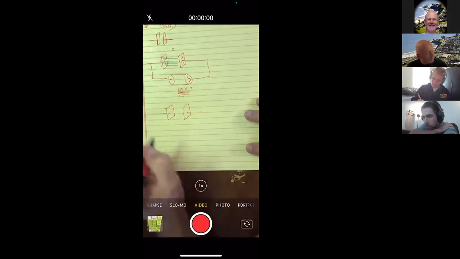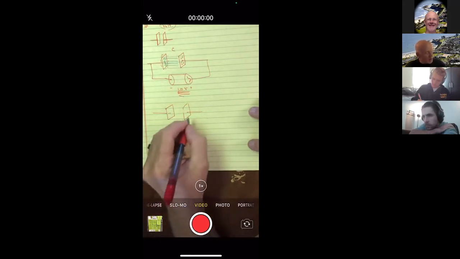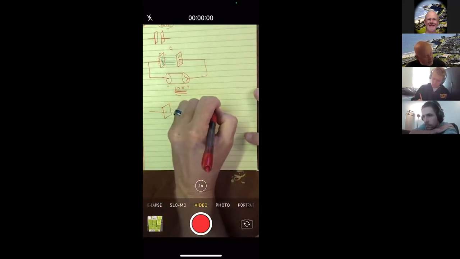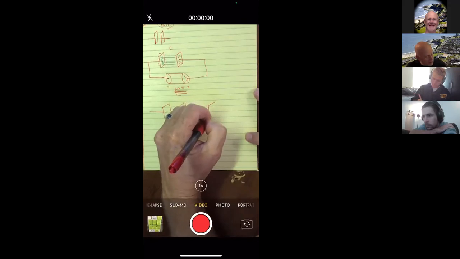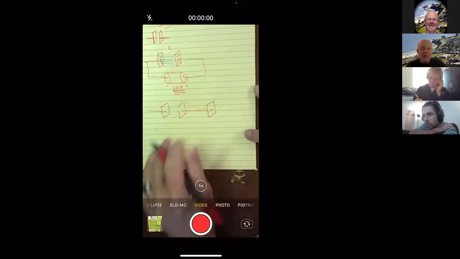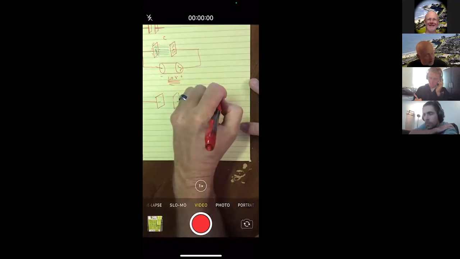Here's the electrode. So that's one capacitor. And when you hook them in series, they would look physically something like this. Am I still on the screen? Okay, good.